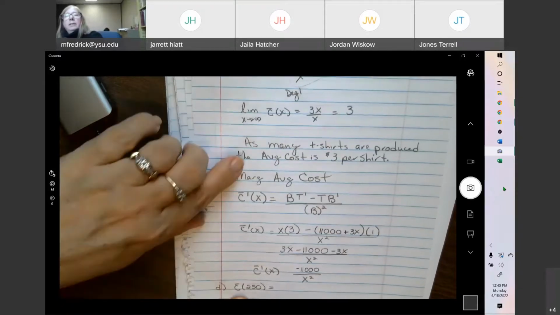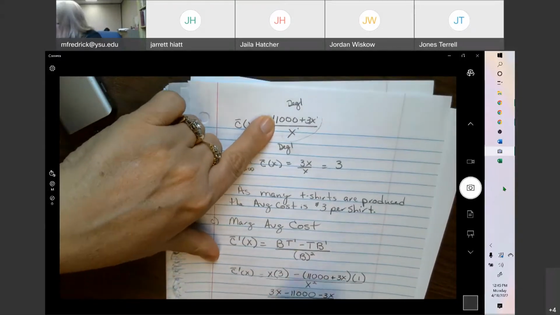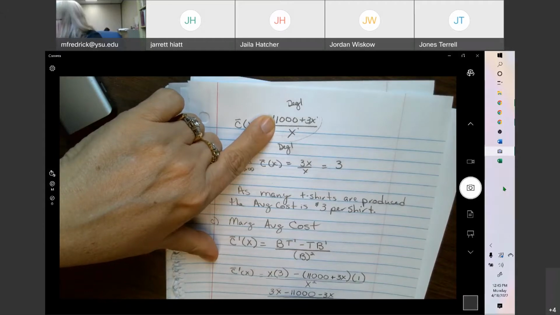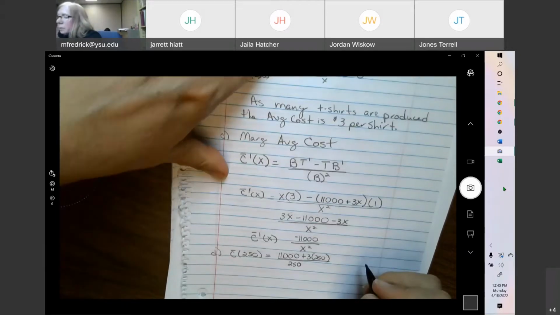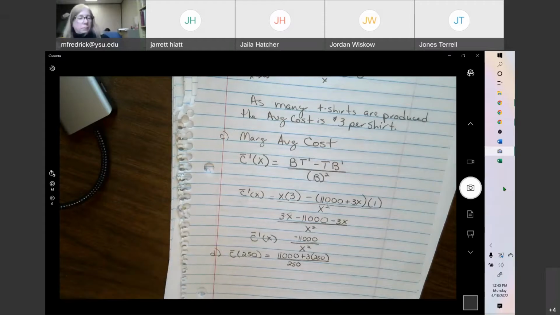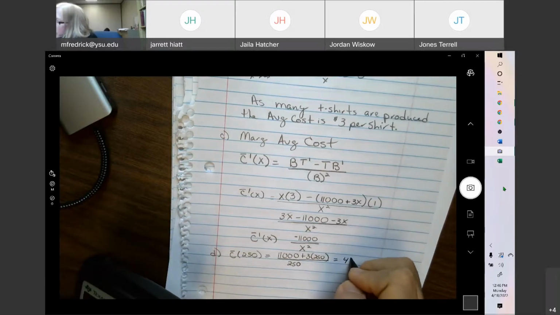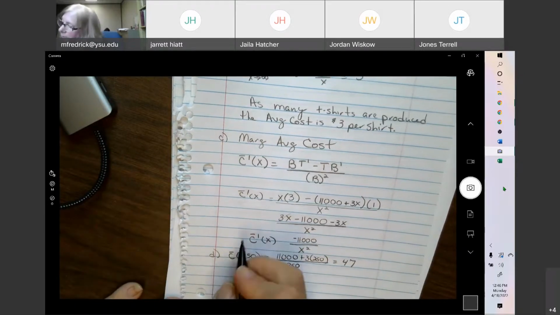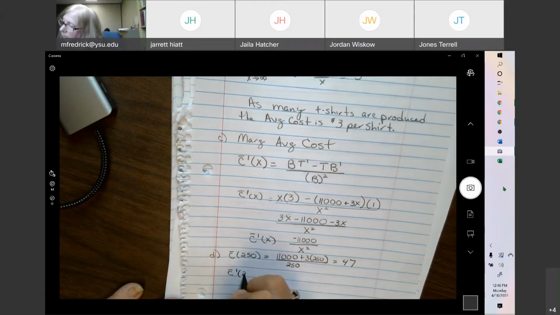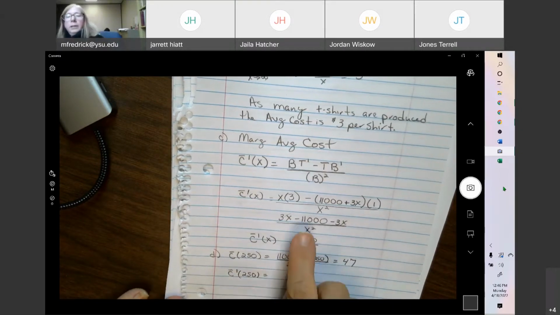So average cost, that's this one. 11,000 plus 3 times 250 divided by 250. And the other one, we're plugging into here.